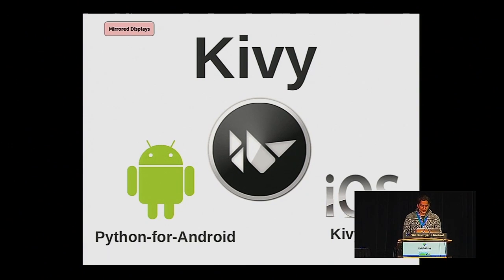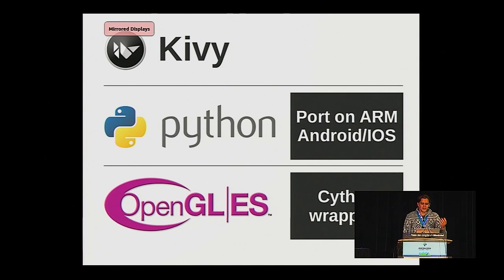So what Kivy provides for us, we may use for our goals. First of all, it provides us the ported Python core, which is the Python interpreter ported for any platform, like ARM specific for Android or iOS, so you may just run it and run any Python code. And also, it provides wrappers around the OpenGL functions.